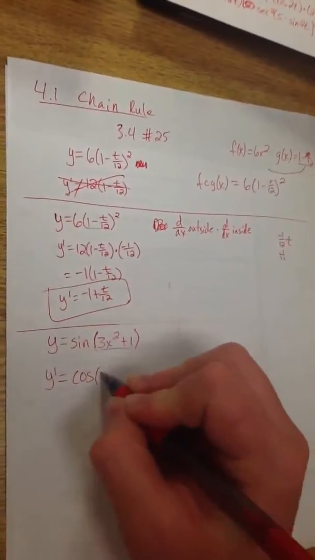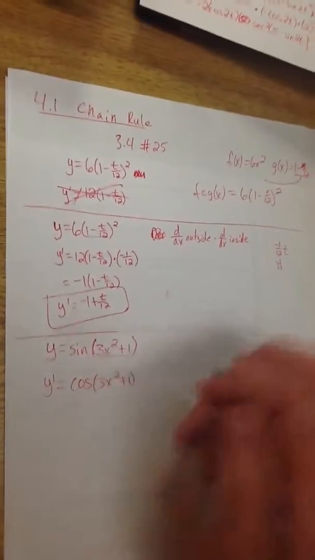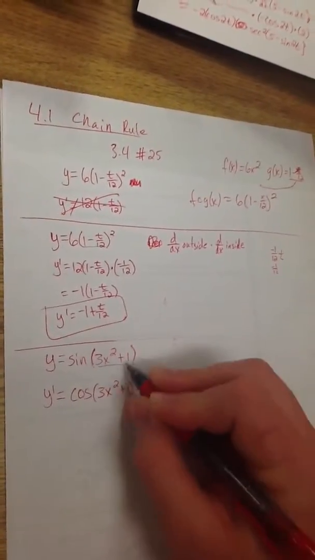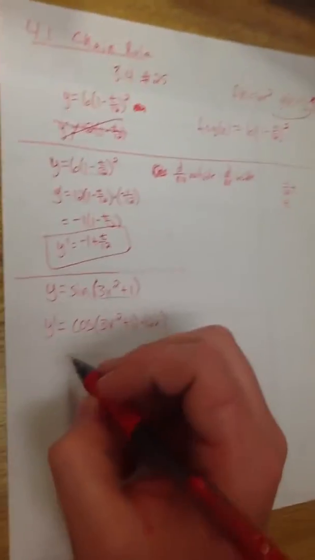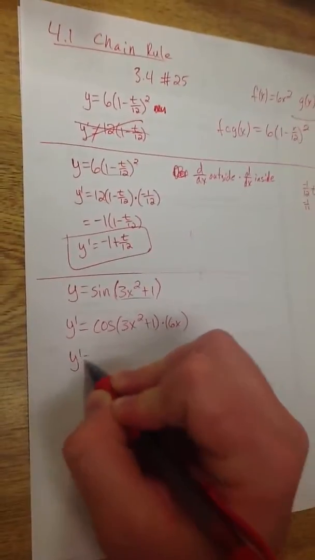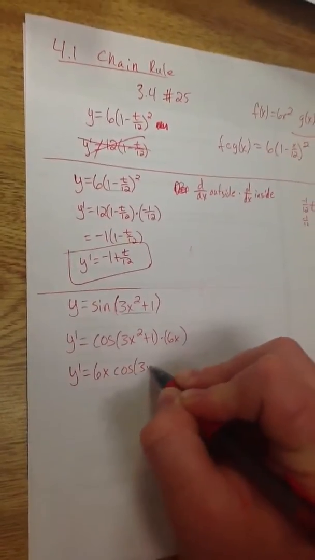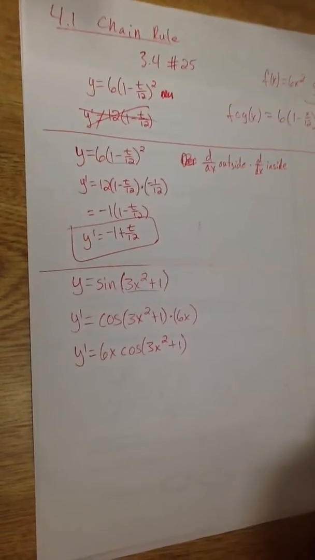Leave all this stuff inside. Multiply it by the derivative of the inside. The derivative of the inside would just be 6x. The 1 would go away. So there it is. Your derivative is just 6x times the cosine of 3x squared plus 1. Simple as that.